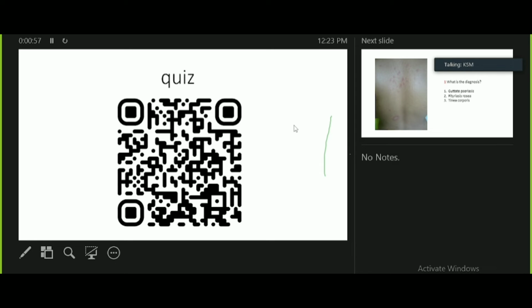Okay, everyone able to scan it? As soon as you scan it, you will be able to proceed.